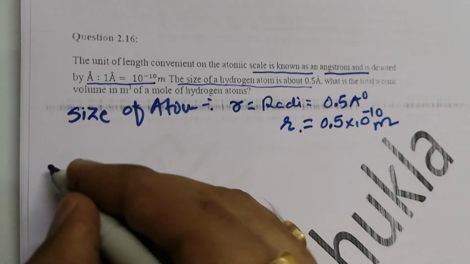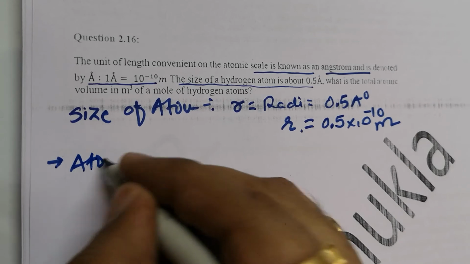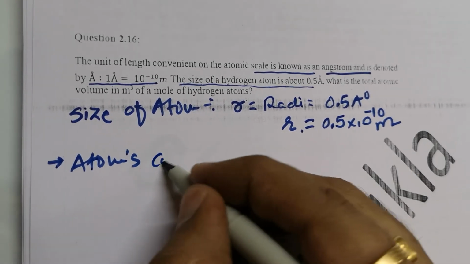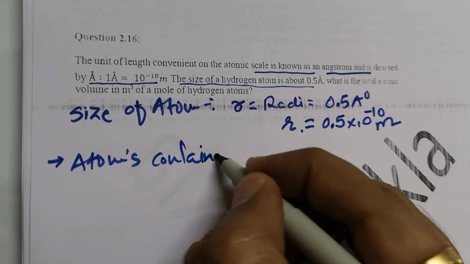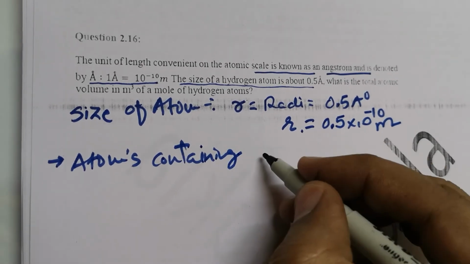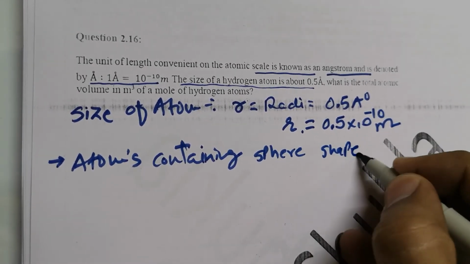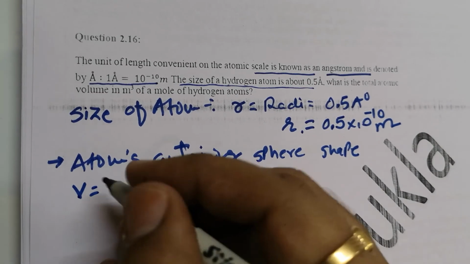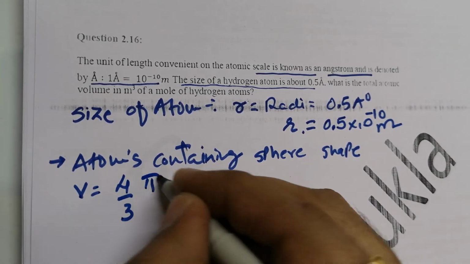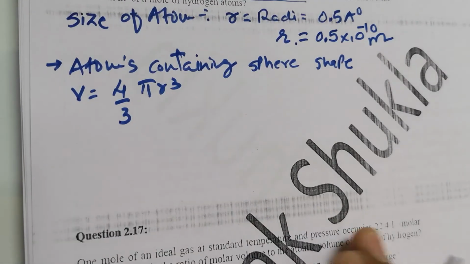Now you are aware that an atom has a spherical shape, that is, a sphere shape. So its volume would be 4 by 3 pi r cube.